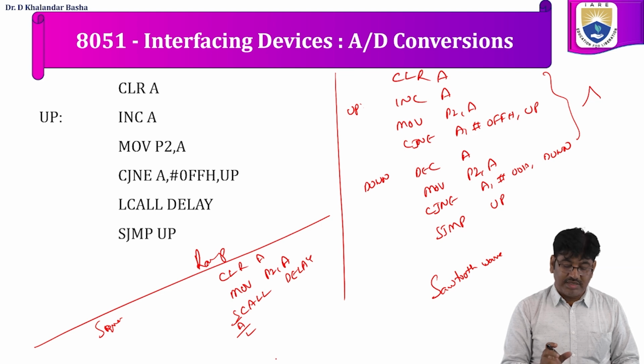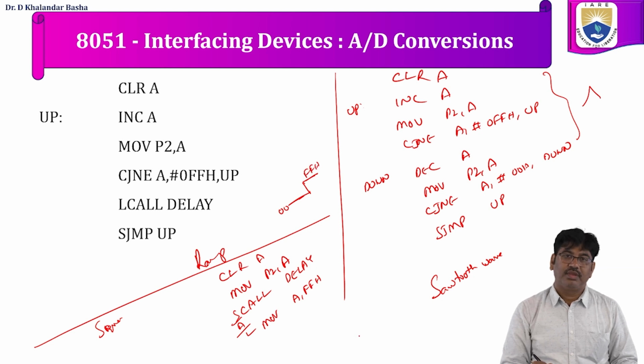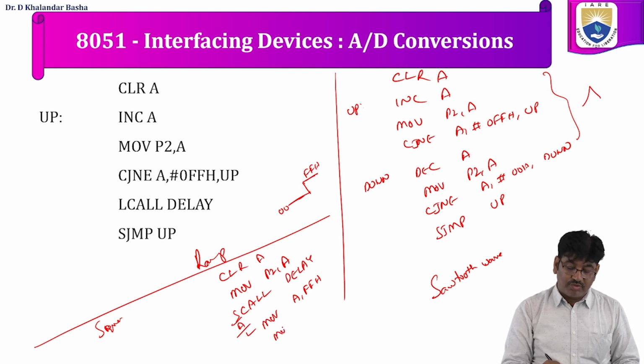So this will generate a square wave with 0. Then we want to get 1. For getting that, go for MOV accumulator, FFH. So 00 I am taking for logic 0, FF I am taking for logic 1. So then again we will send MOV port 2, A. Then we will call the subroutine delay.